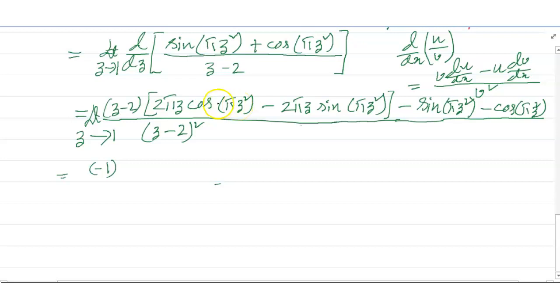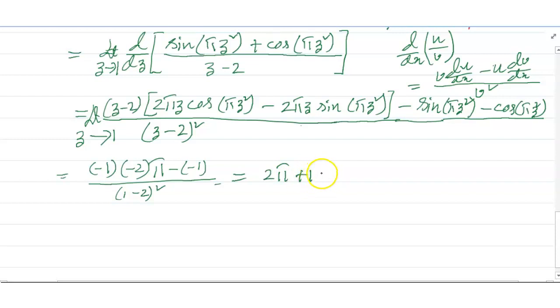Cos π is equal to minus 1 and z equals 1, so I get minus 2, and sin π is equal to 0, so I don't need to write this. And 2π I write in here, and also there is πz², which gives sin π equal to 0 and cos π equal to minus 1, so I write minus into minus 1 divided by (1 minus 2) whole square. So whatever I get, friends, this value is 2π.